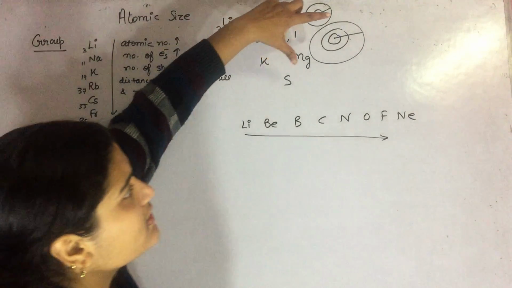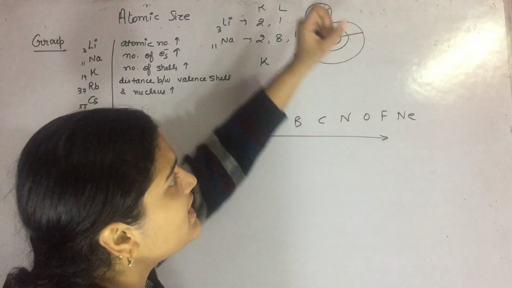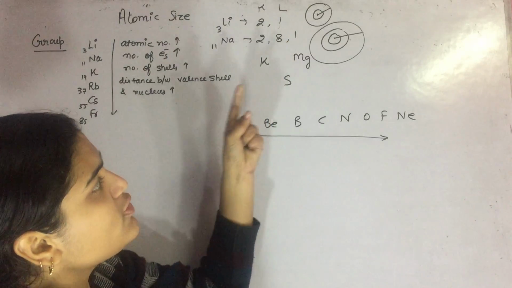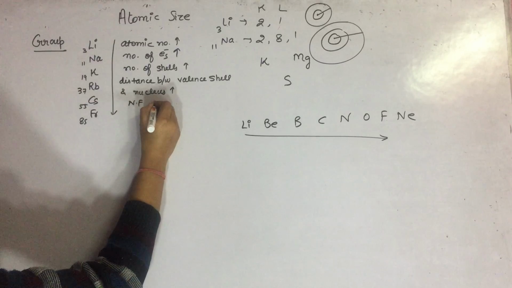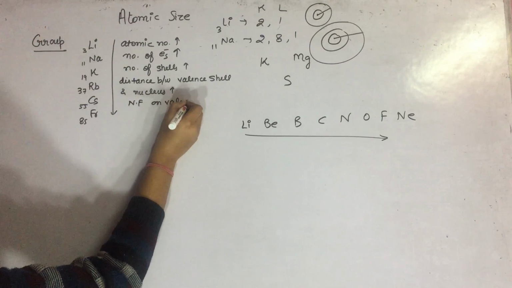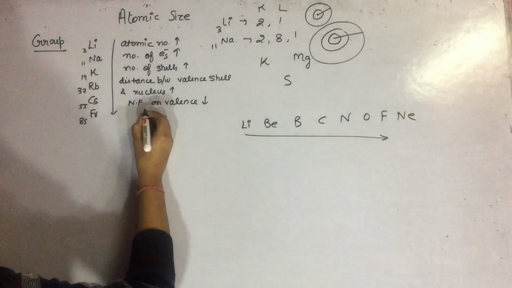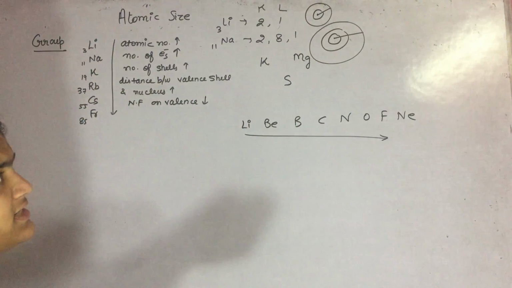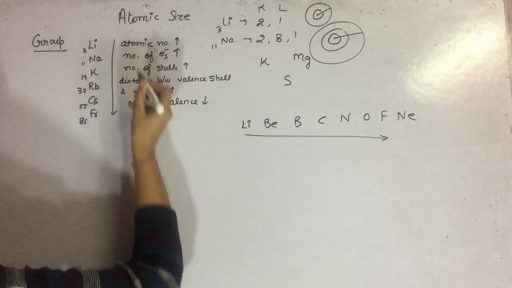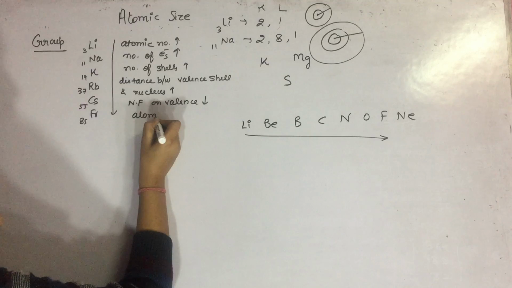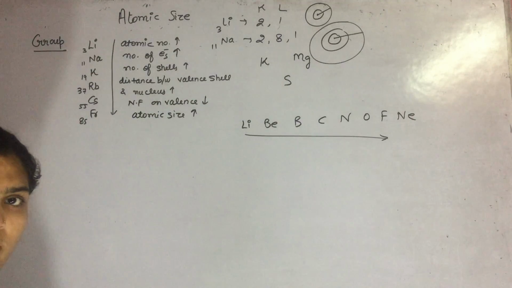This distance weakens the nuclear force on the outermost shell. It weakens the grip of the nucleus over the outermost shell. That's why the nuclear force on valence electrons decreases. And if the nuclear force decreases and the distance increases, then atomic size automatically increases.